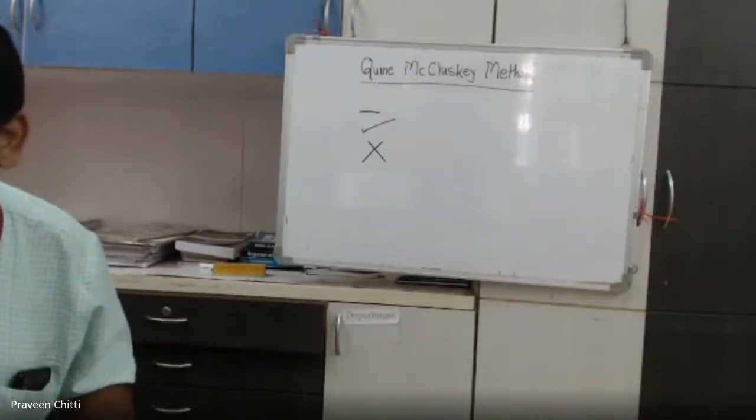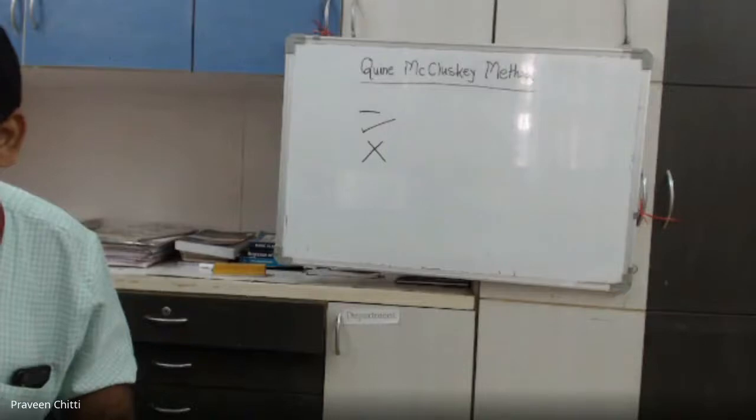Excuse me, sir. What happened? Sir, will you please repeat the C point? Which point? C. Point C. One before this. Yes. Okay.